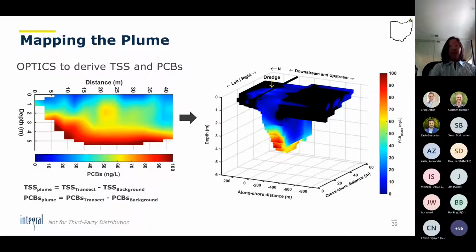So data from the progressive transecting were compiled and analyzed to map and characterize the dredge plume for each day of dredge operations. We first determined the background solids and PCB concentrations from the moored measurements that were made outside of the influence of the dredge operations and subtracted that from our mobile transect data to create 3D maps of the suspended solids and PCB plume. From these 3D maps, we could characterize the dredge plume, including estimating the dredge volume of suspended solids and PCBs.